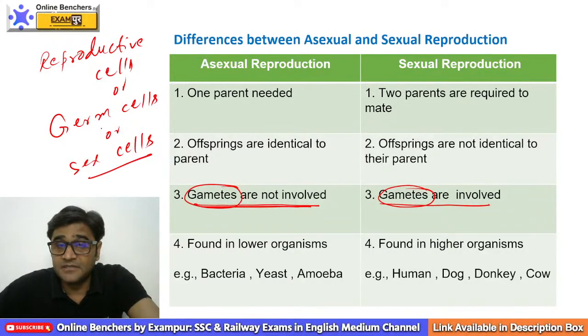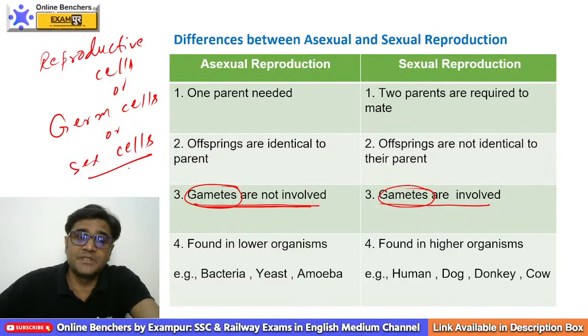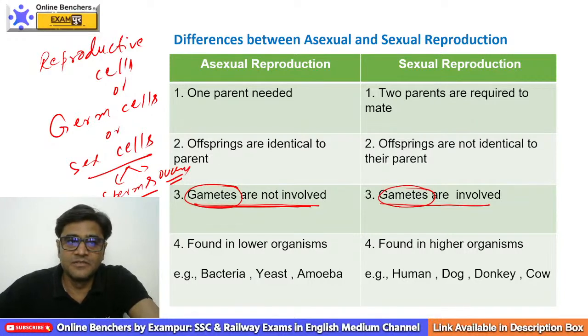Gametes are those cells which take part in sexual reproduction. Gametes are of two types, sperms and ovum. Sperms and ovum together are called gametes, or reproductive cells, germ cells, or sex cells. So when we talk about gametes, it is either sperm or ovum. Sperm and ovum together are known as what?